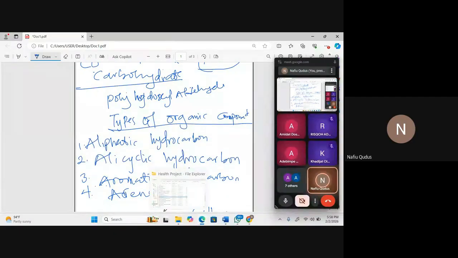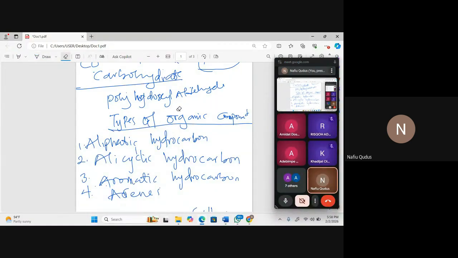Let's quickly write it down before we proceed. So we have the types of hydrocarbon in organic chemistry, all types of organic compound. We have the aliphatic. All these things we call the arrangement of carbon atoms. How do carbon atoms arrange themselves? Is it either straight or branched?